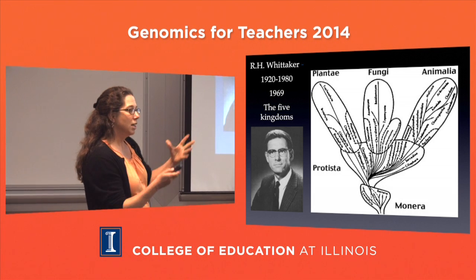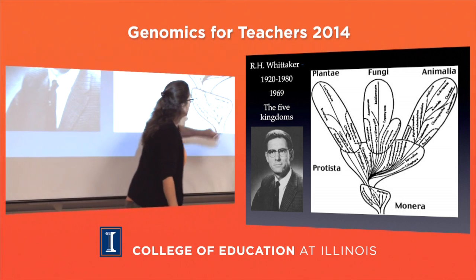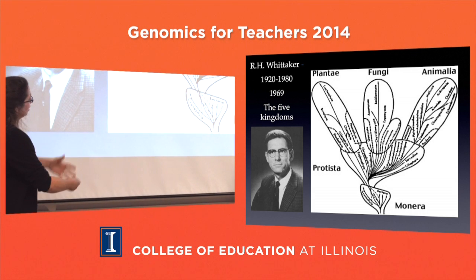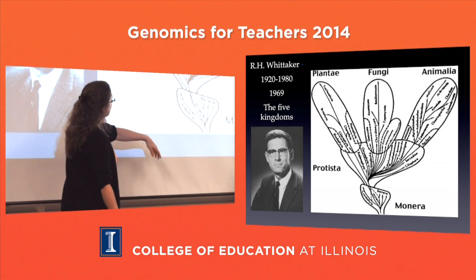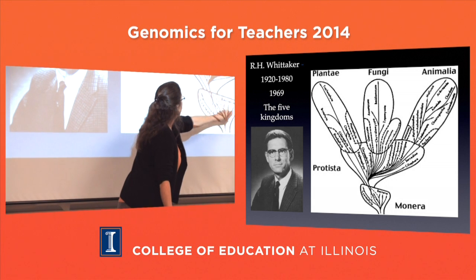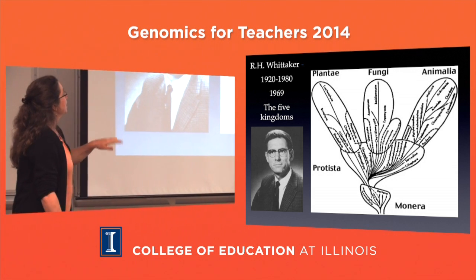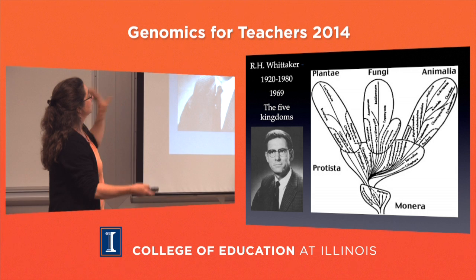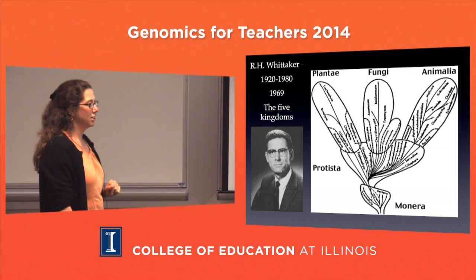The evolutionary literature at this time still has Monera at the bottom in this kind of ambiguous basal position. Bacteria are now listed there. And then you have Protista, and then at the top, the animals, fungi, and the plants. So how are we going to solve this problem?